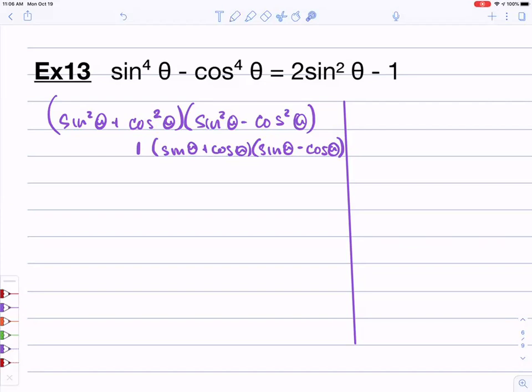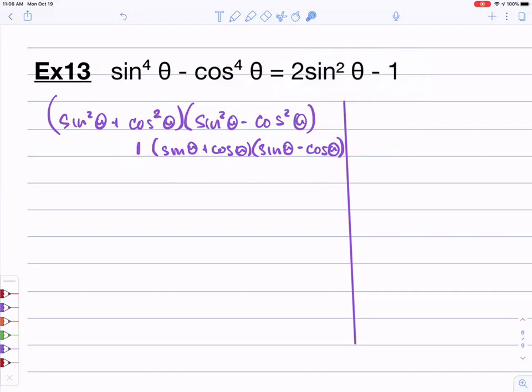Now remember, this side is exactly the same as this guy times 1. Do you notice how the unfactored version at least has a sine squared in it, but this guy does not? I want a sine squared. It would be nice if I had a sine squared, right?